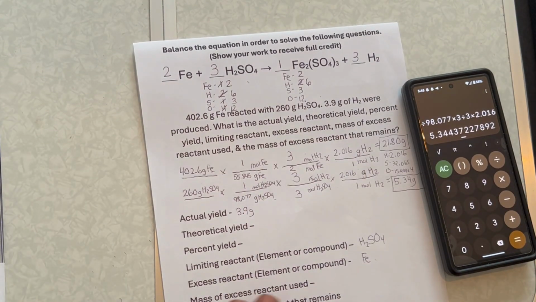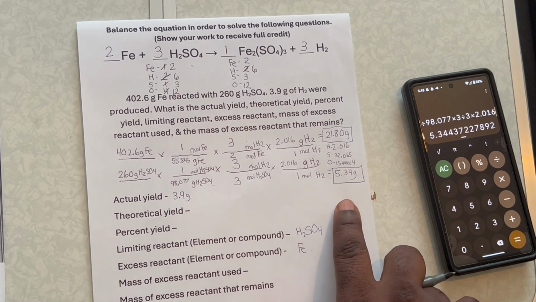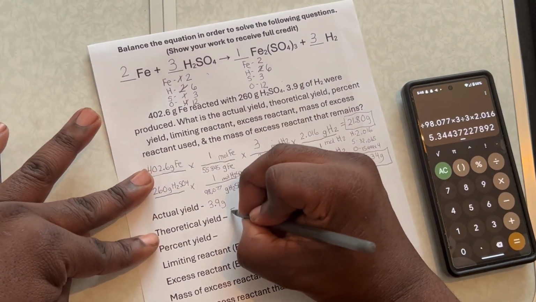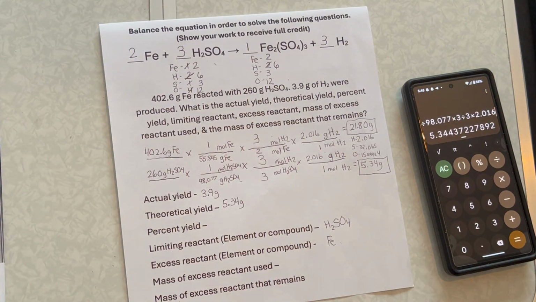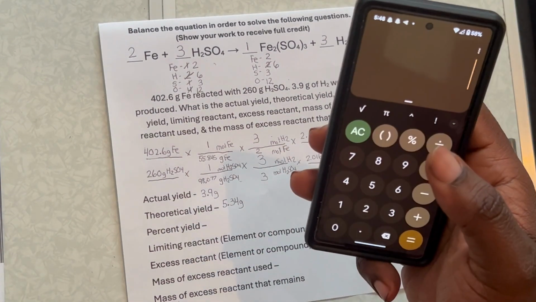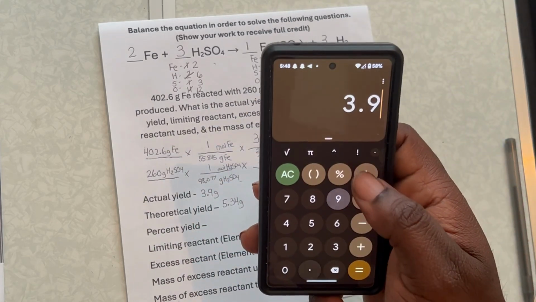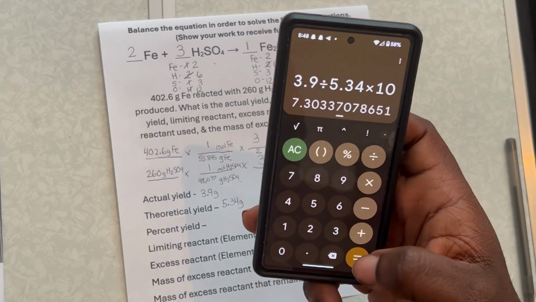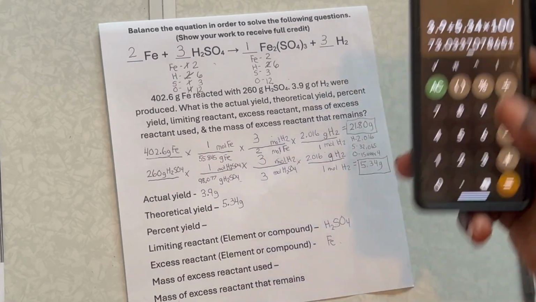The theoretical yield is what could have been produced in a perfect reaction, which was the 5.34. So that's my theoretical yield. To get my percent yield, all I do is calculate the actual yield divided by the theoretical yield: 3.9 divided by 5.34 times 100, and you get 73.03%.